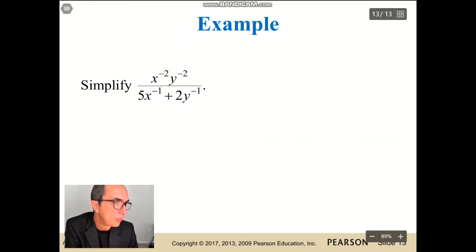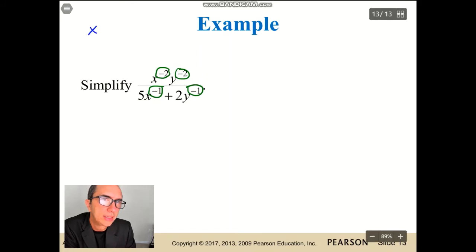One example, and check it out, we have negative exponents, right? Negative exponents on the numerator and on the denominator. And we can rewrite, remember, x exponent negative 2 is equal to 1 over x exponent 2. We can rewrite like that.